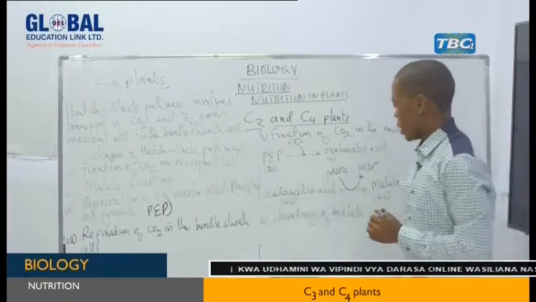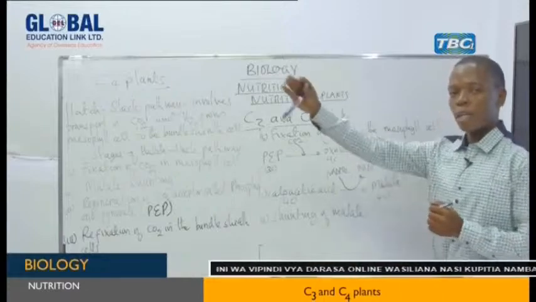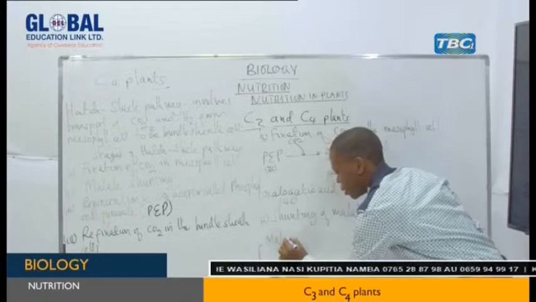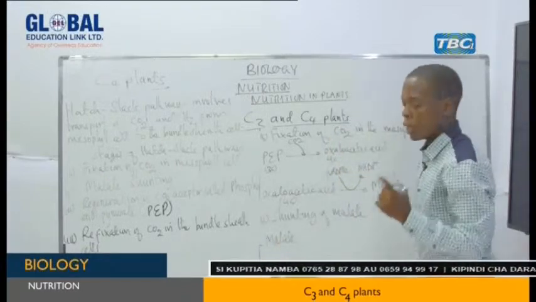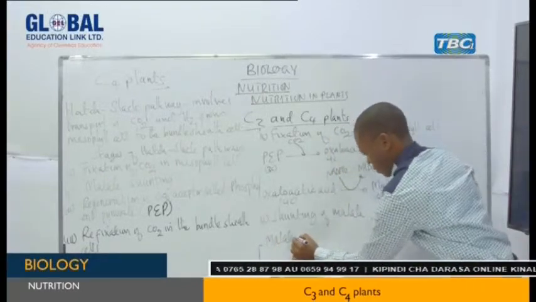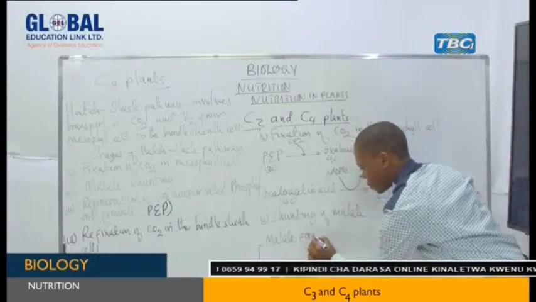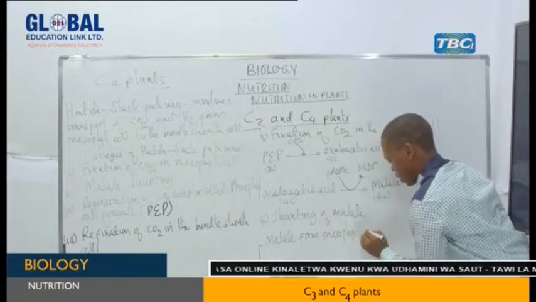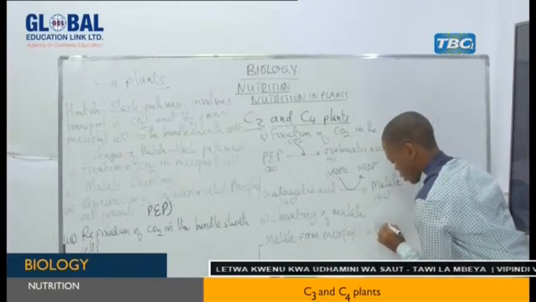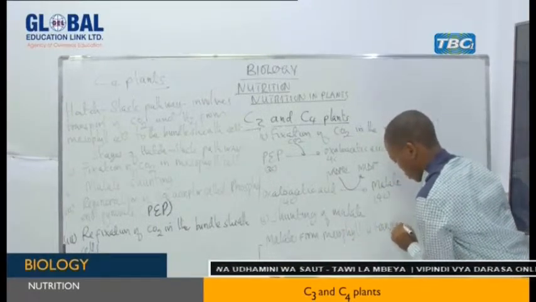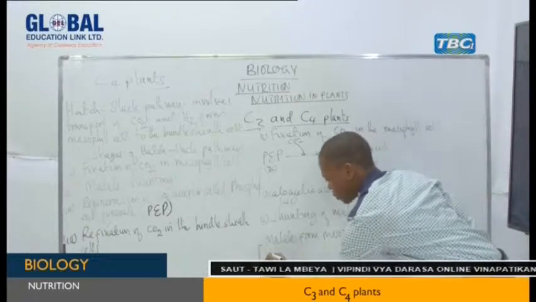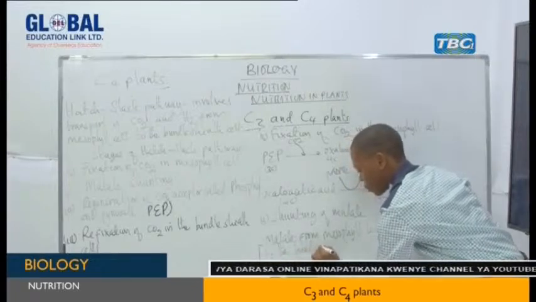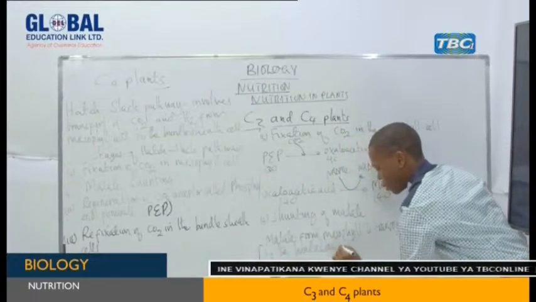Therefore, what's happened here is a transport of malate from one cell into the next. Malate is transported from the mesophyll to the bundle sheath cells.